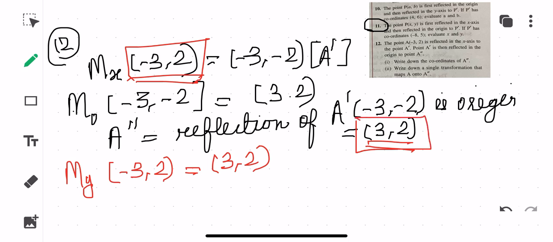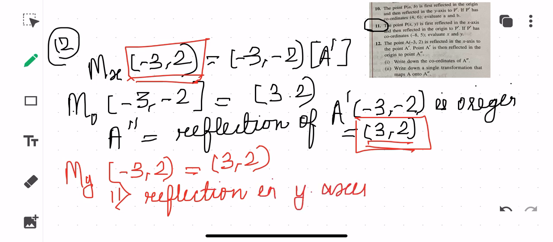You will be writing like this, that if it is getting reflected in the y-axis, so for the second question you will be writing: reflection in the y-axis is the only way for a single transformation. Alright, so this is the way you will be writing.